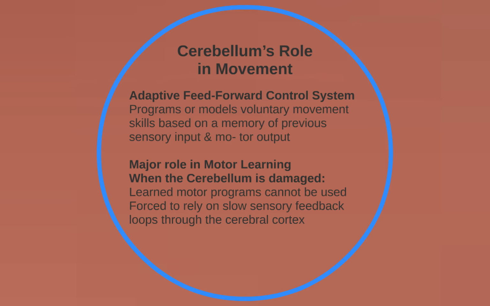We're then forced to rely on our sensory feedback loops, which occur throughout the cerebral cortex. This is significantly slower and does not have real-time adaptations. So somebody who lacks cerebellar input is not going to be able to react, not going to be able to learn, and ultimately not going to be able to regulate their movements, leaving an individual with a slower, more cautious movement, which presents itself in the form of an ataxia.